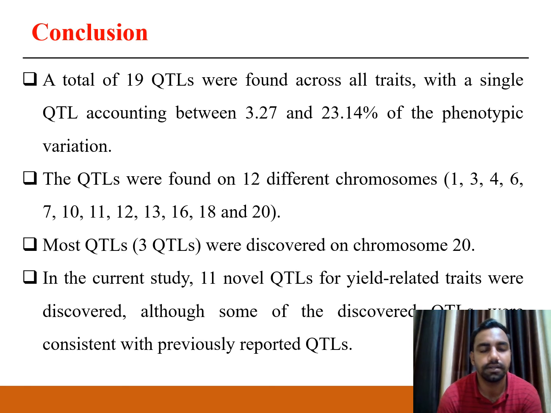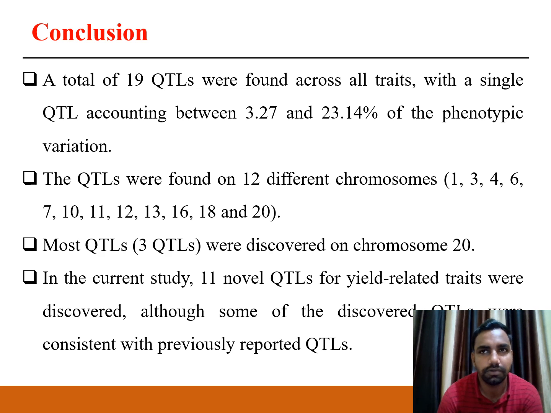In conclusion, a total of 19 QTLs were identified for all the yield-related traits, with a single QTL accounting for between 3.27 and 23.14% of the phenotypic variation. These QTLs were found on 12 different chromosomes, and the maximum number of QTLs were discovered on chromosome 20, which was 3 in number.